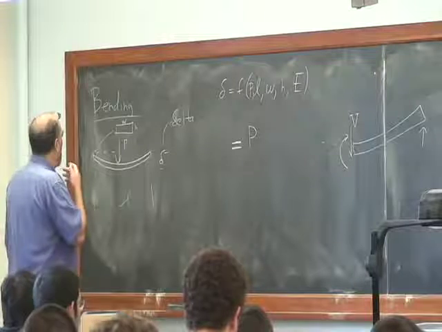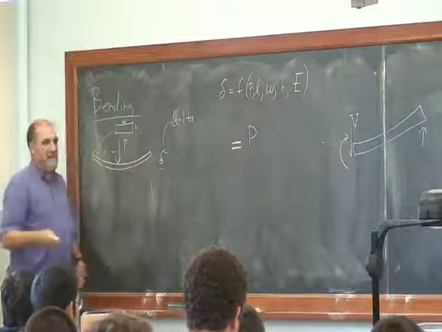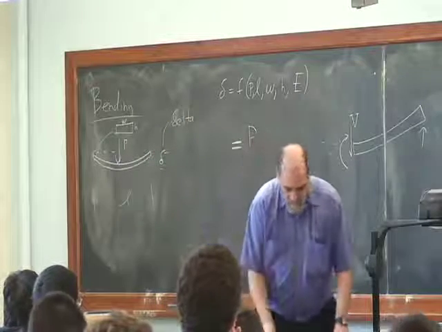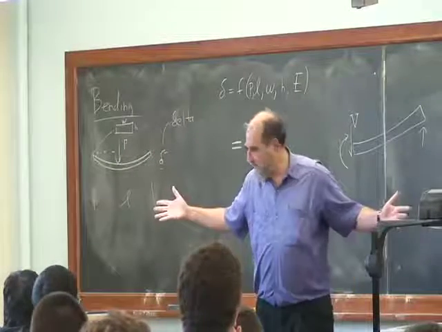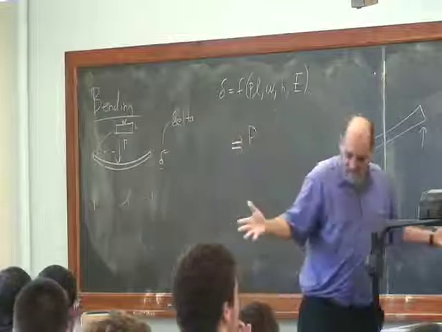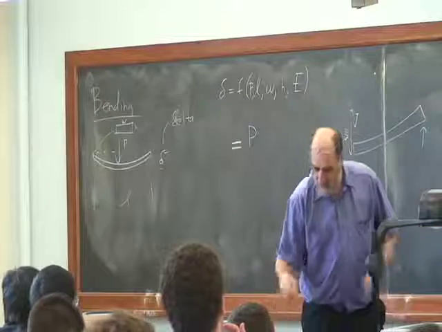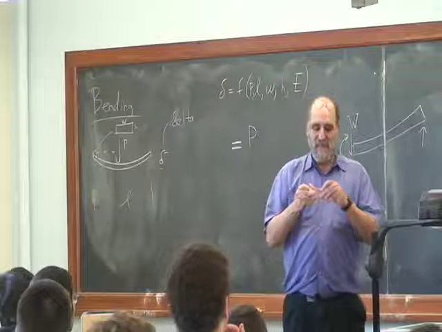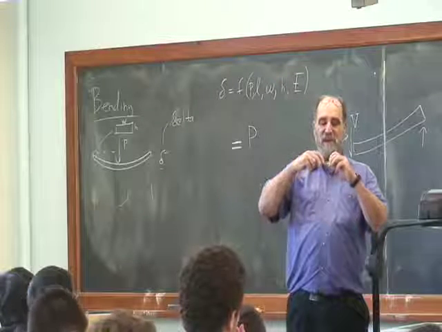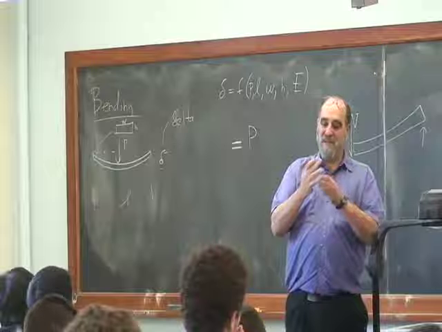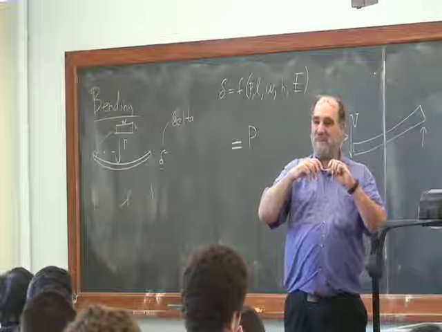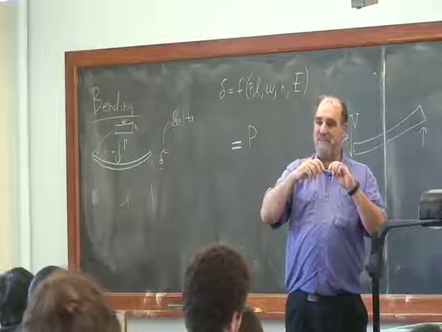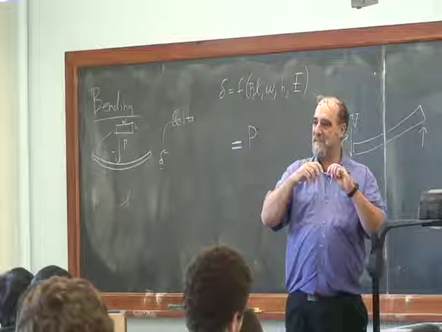Now, if I did two experiments like this with two coffee stirrers, okay, we're going to do short experiments. I have two coffee stirrers which are short. If I know the deflection of one when I apply a P, then I know the deflection of the other when I apply P. And if I apply half the load, this deflects half as much.